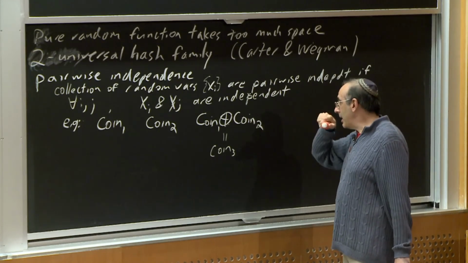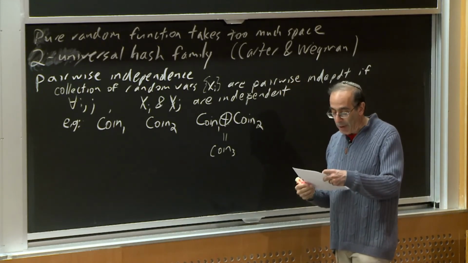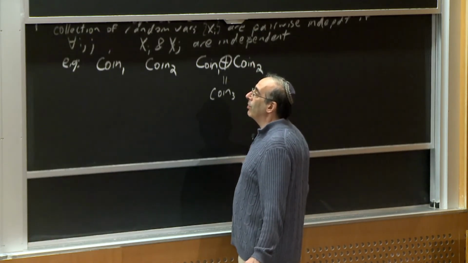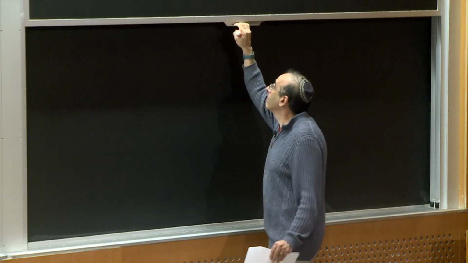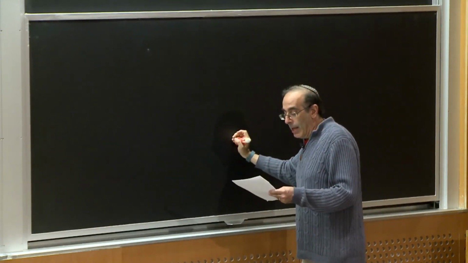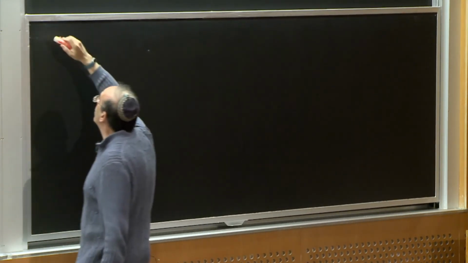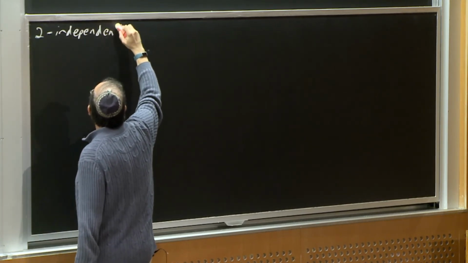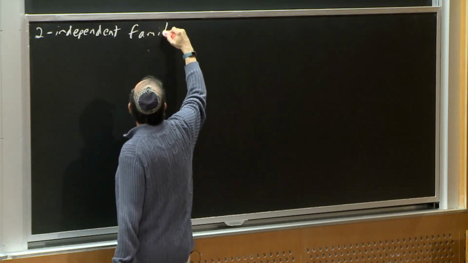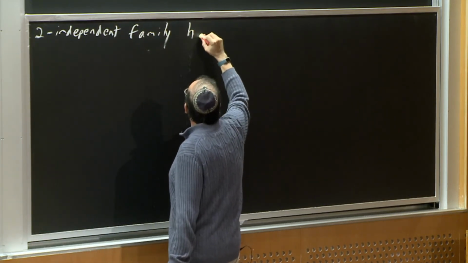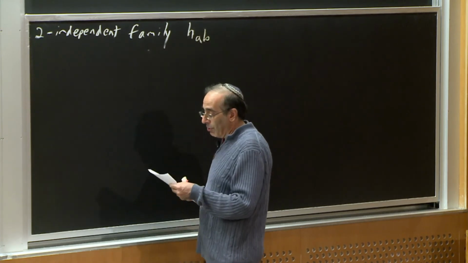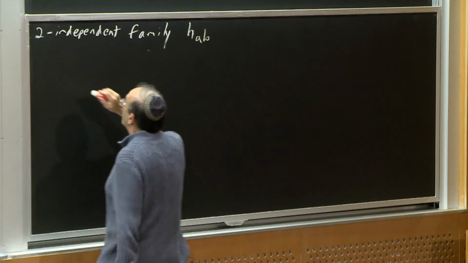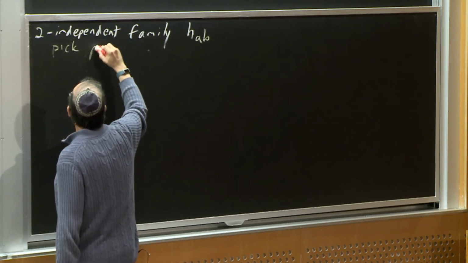So this suggests that it might be possible to achieve pairwise independence without needing a fully random function. Okay? And it turns out that you can do that. So the two-independent family, which I will denote by h sub ab, involves two parameters a and b, which will each be a machine word. What we do is we're going to pick a prime number.